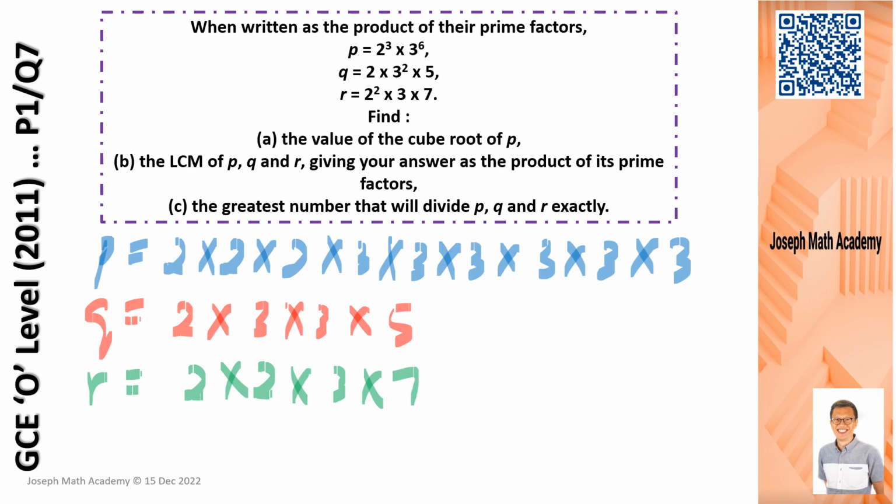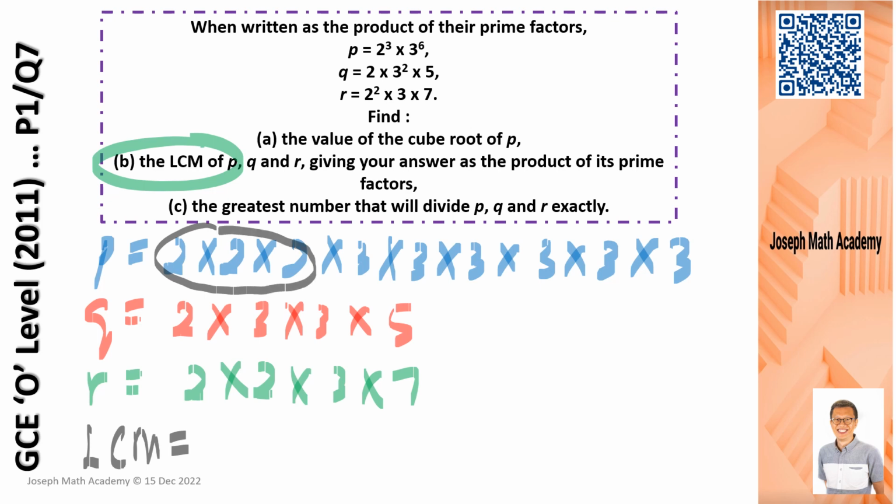Now what is LCM? LCM is to take the maximum. That means the number is multiplied, it's getting bigger. So P has three 2's, so that is the maximum. Q has only one 2, R has two 2's.